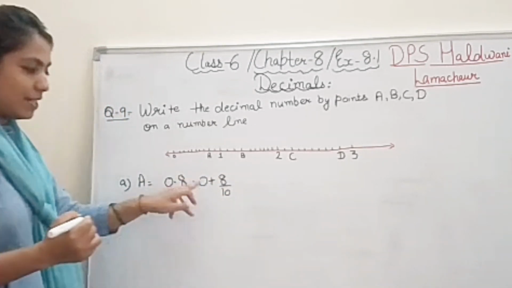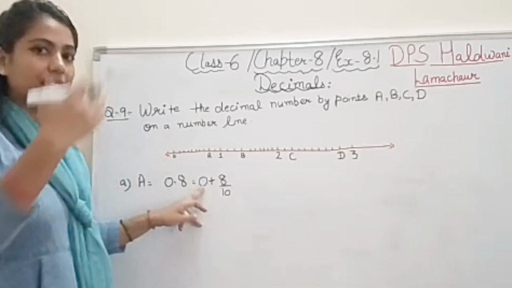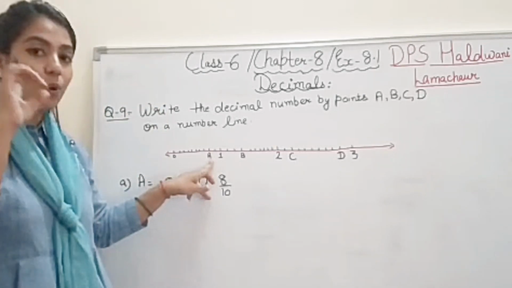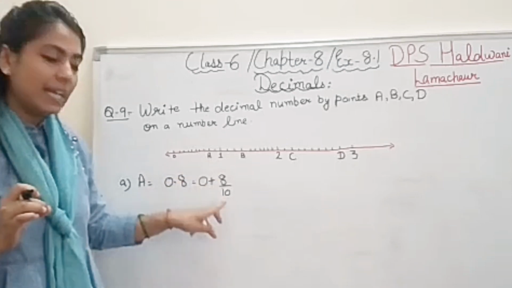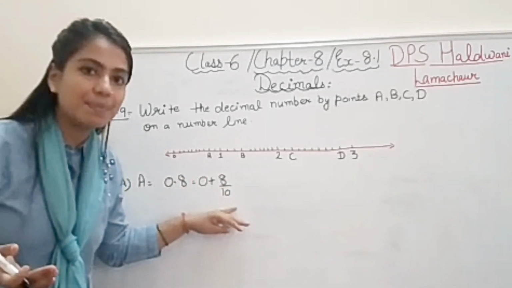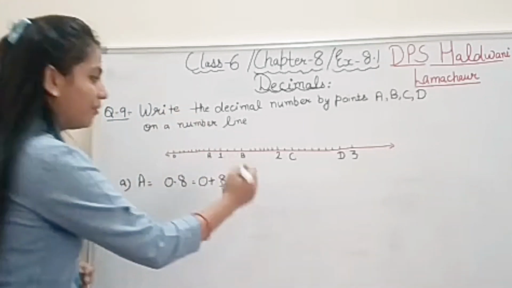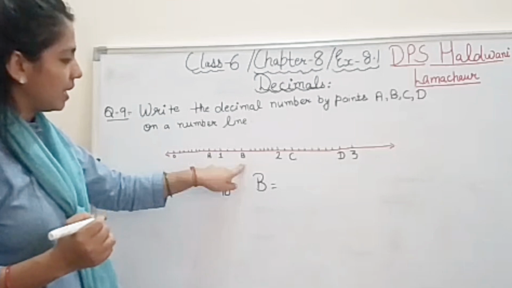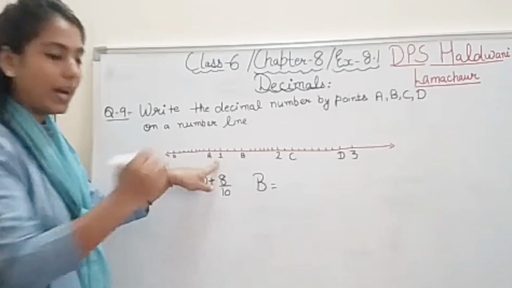Right, student? Further from 0, and then 0.8 is here, not a small division. So 0.8 means 8 by 10. Okay, either you can write in this manner or this manner, your choice. Now for point B, see student, here is B. As you can see, here is 1.